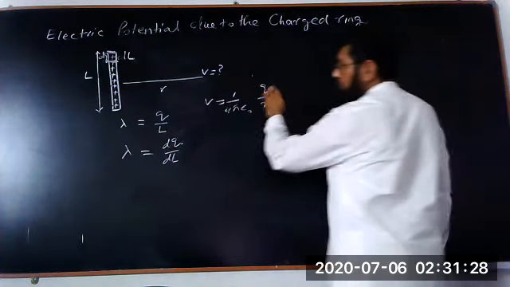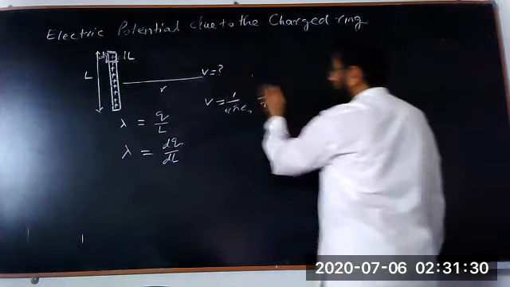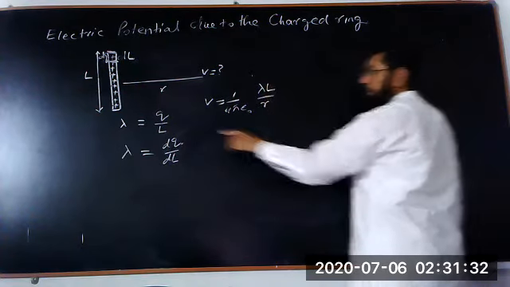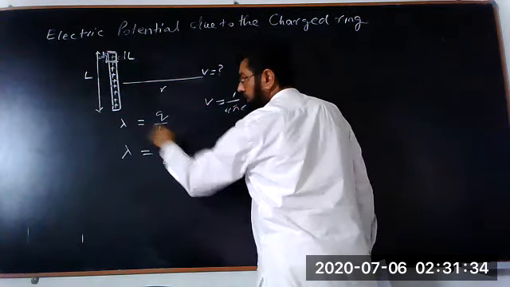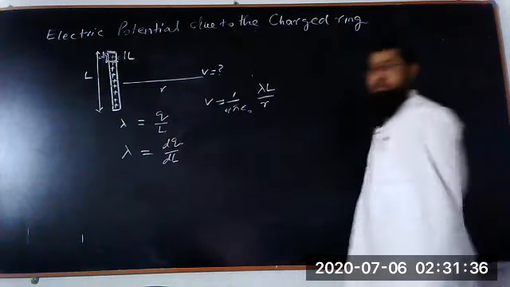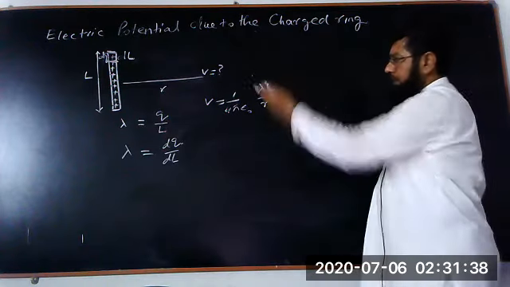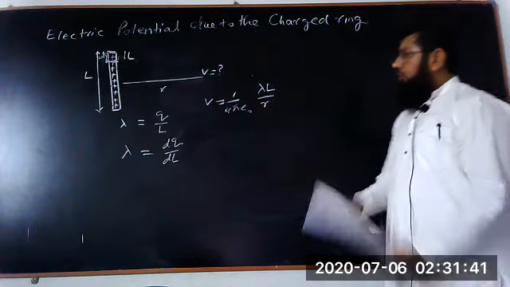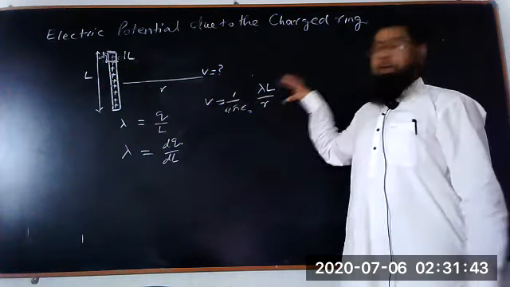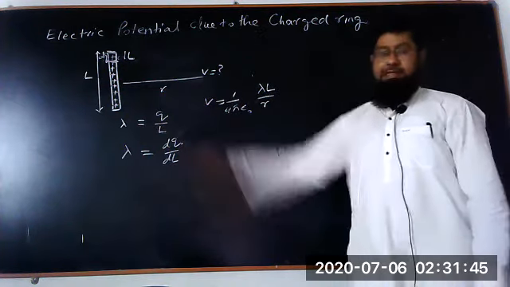Instead of a Q, you can write it as lambda into L. By cross multiplication, Q is equal to lambda into L. So this integration gives you certain value. So this is the way to calculate the potential due to the linear charge conductor.